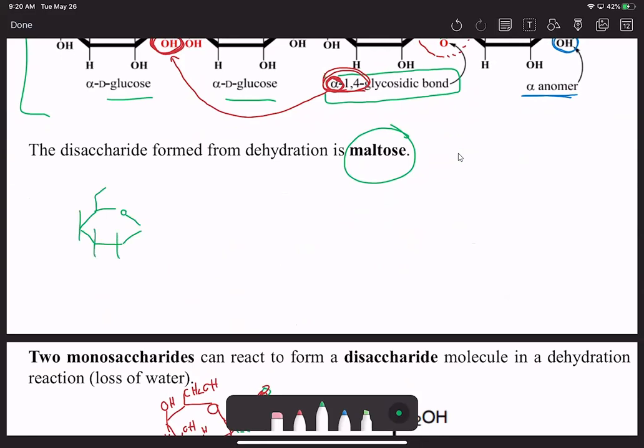I don't really even have to draw the rest of it. The rest of it really is irrelevant here. When I bond these two, let's make a disaccharide from this.